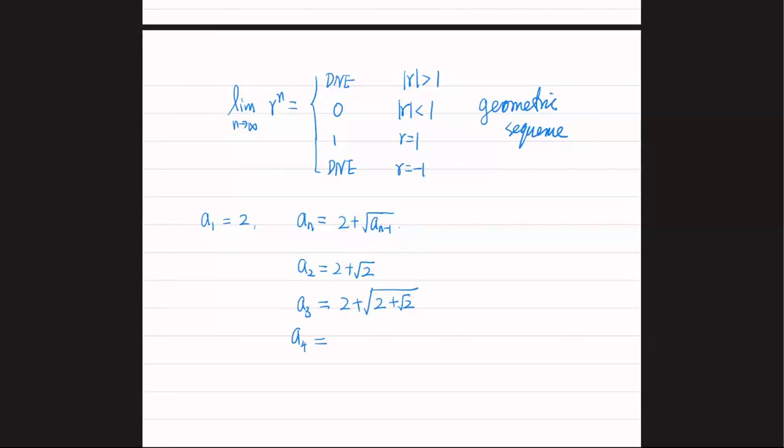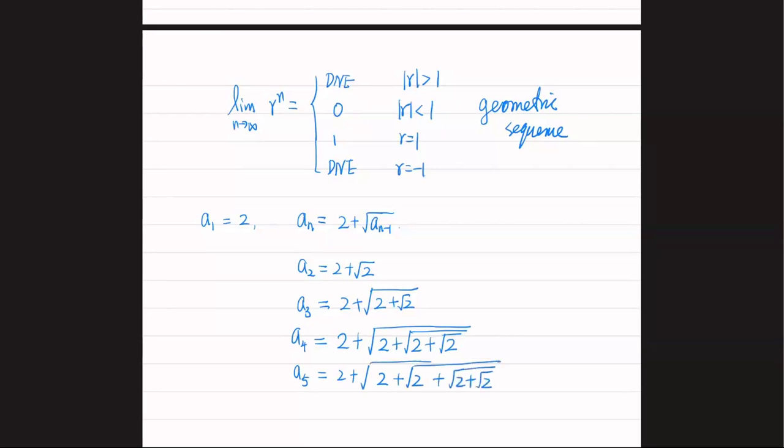2 plus square root of 2 plus square root of 2 plus square root of 2. Elisa, A5. 2 plus square root of 2 plus square root of 2 plus square root of 2 plus square root of 2.